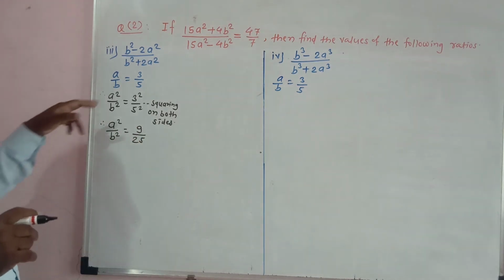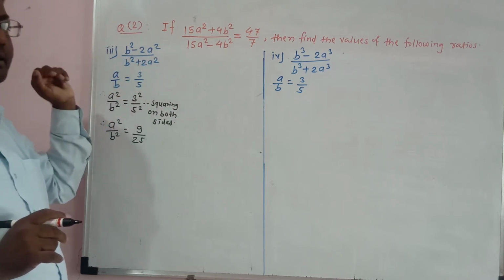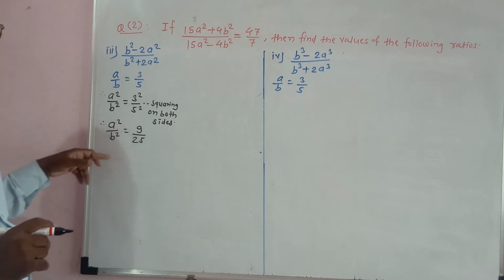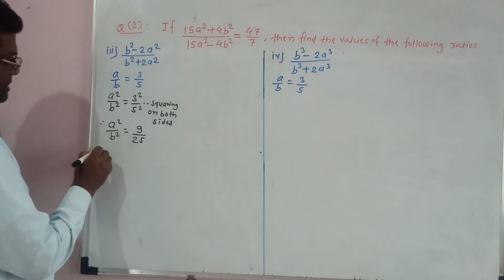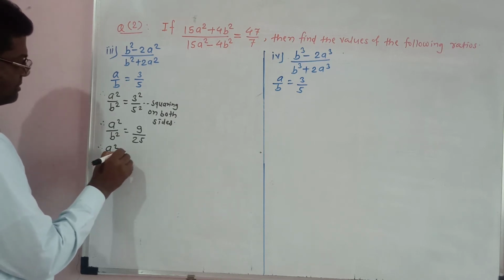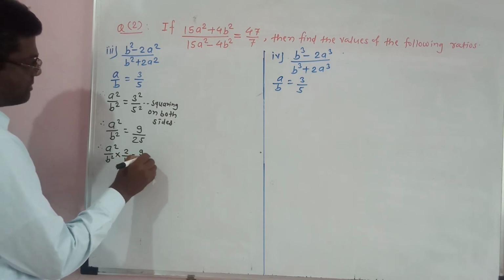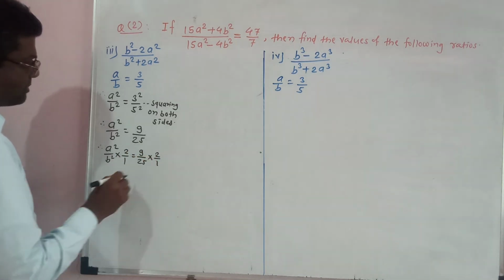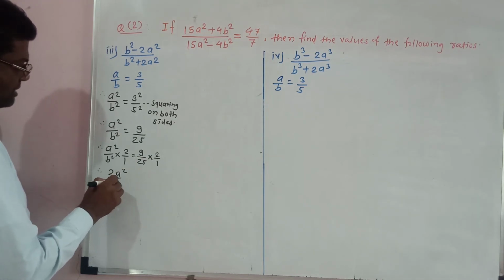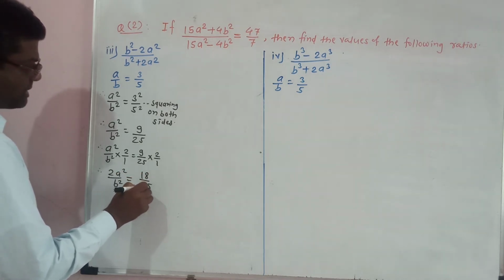Now let's see, in the example there is a coefficient of a square, which is 2. Therefore we have to multiply a square upon b square into 2 upon 1 is equal to 9 upon 25 into 2 upon 1. Therefore 2a square upon b square is equal to 18 upon 25.